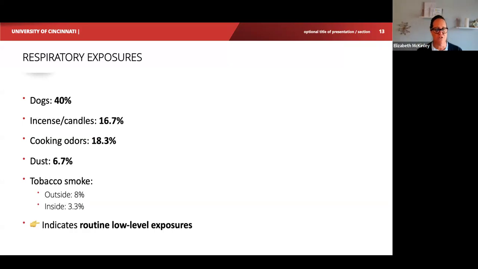The respiratory exposures that they saw were dogs, incense or candles that were being burned, cooking odors, and dust. In addition, there was tobacco smoke that was noted, and we asked them to note, was the smoking outside or was it inside?